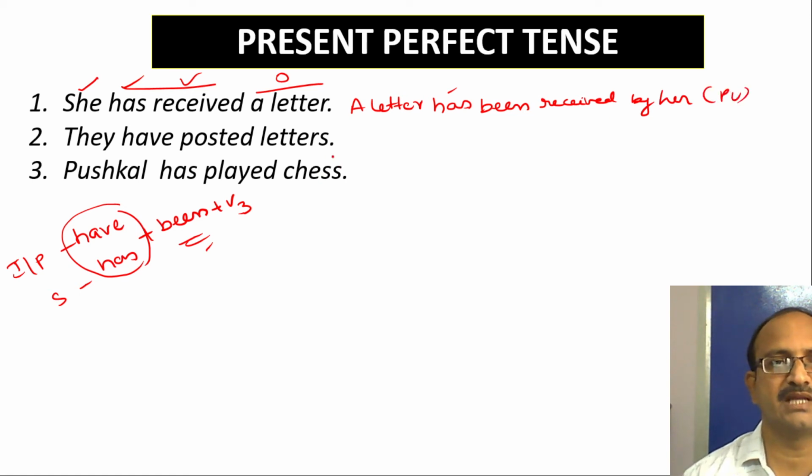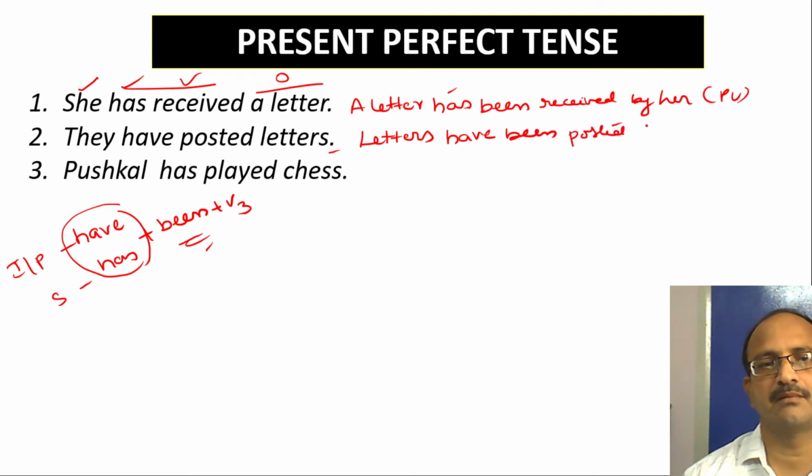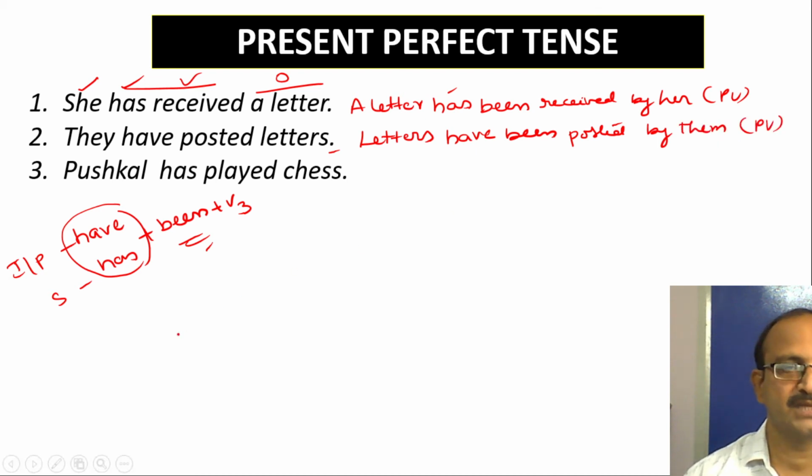Similarly, they have posted letters. Here you write letters. Since it's plural, you write have. Been is common for all. Post, posted, posted. By, they turns into them. That is the passive voice. You understand?